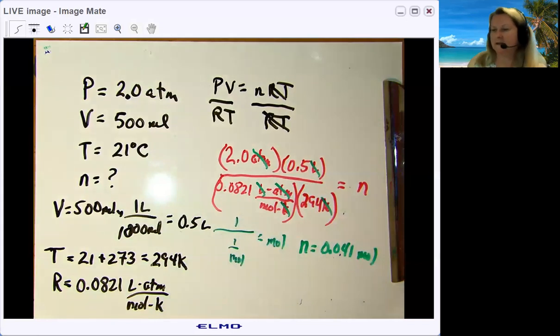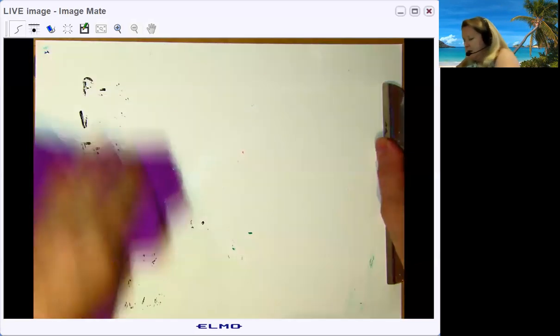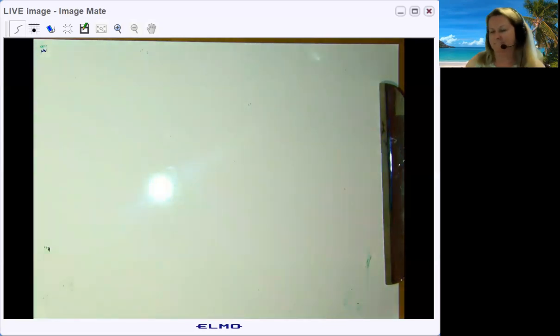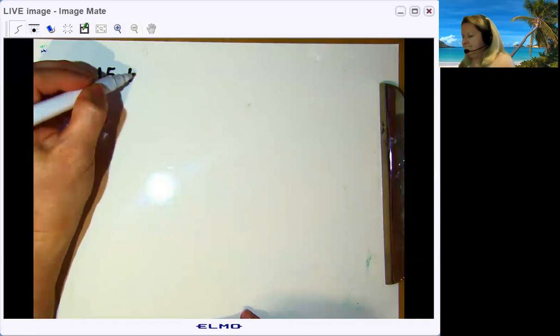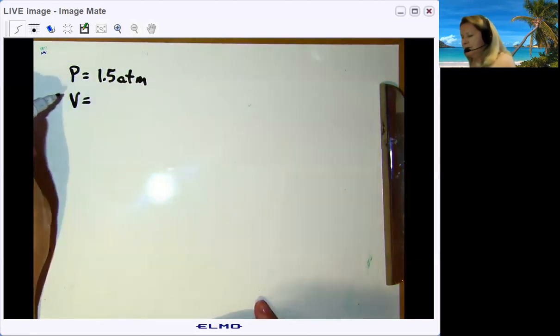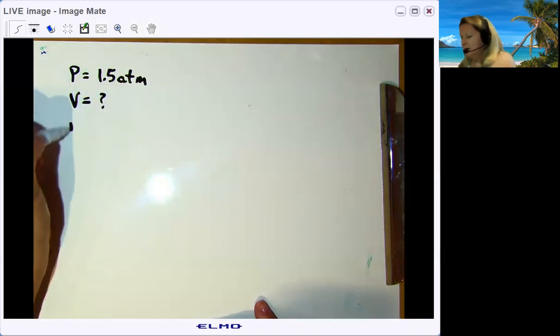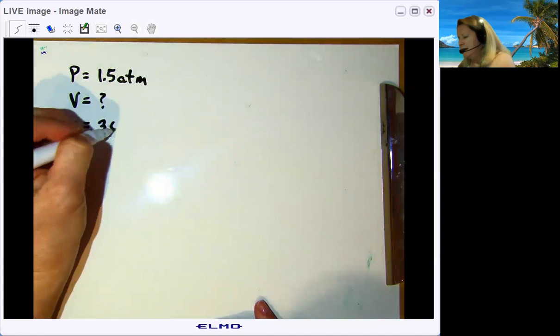All right, let's do one more problem. Let's do one where we know the number of moles, and let's say we don't know volume this time. Okay, so let's say I tell you pressure is, let's go with 1.5 ATMs. Volume we don't know. Number of moles, let's say we have 3 moles of the gas.